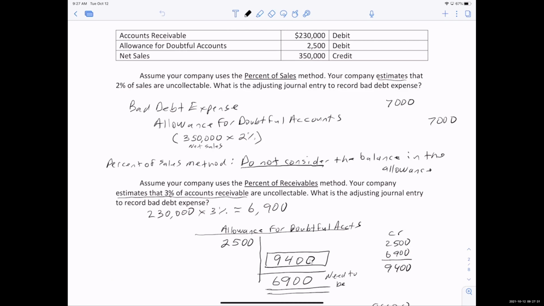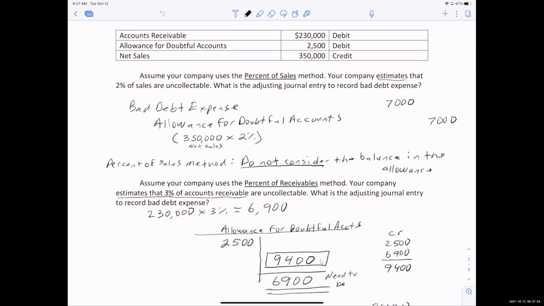See what I'm saying? You have to consider that. So how do you get a debit balance of 2,500 to a credit balance of 6,900? Well, you're going to have to credit 9,400, 2,500 just to get it to zero, and then another 6,900 to get it to where you need it to be.